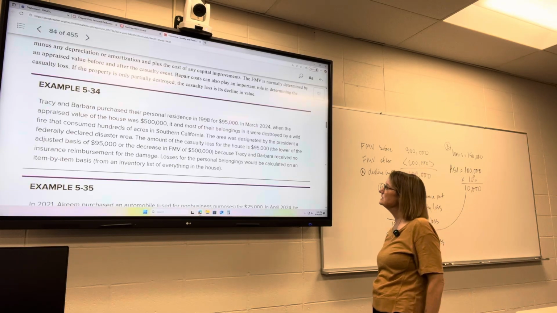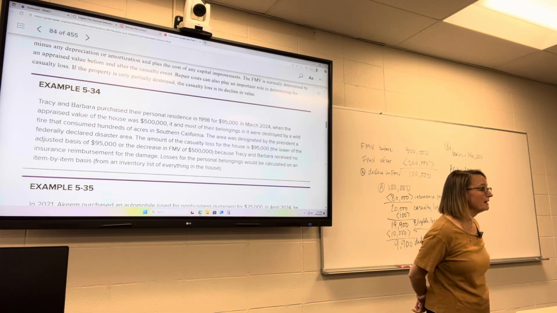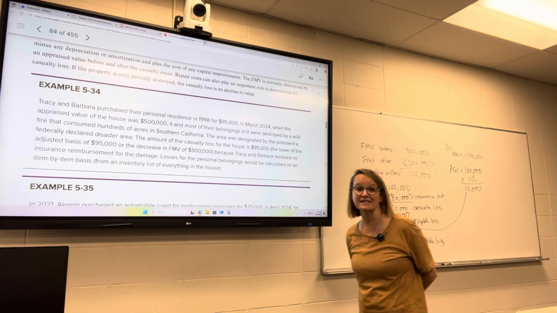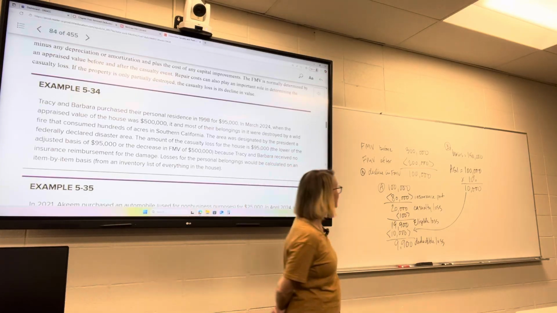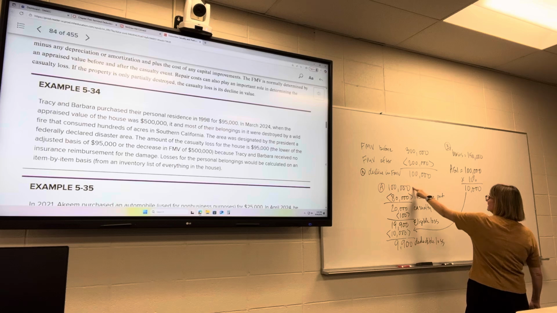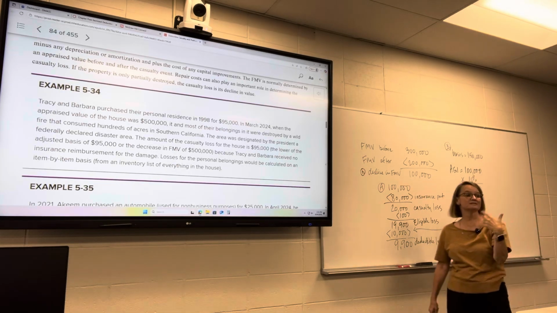The amount of the casualty loss for the house is $95,000, though. That's the amount of their loss, $95,000, because that's the adjusted basis. That's what they paid for it. So remember, we've got to choose between that decline in fair market value or the basis. We're going to take whichever is less.